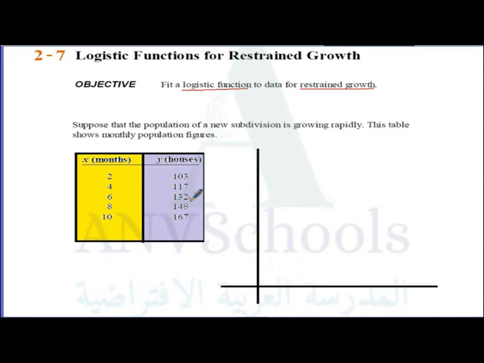After 2 months again, the number of houses became 148. And after another 2 months, the number of houses became 167.